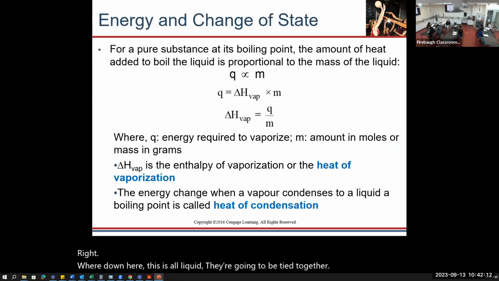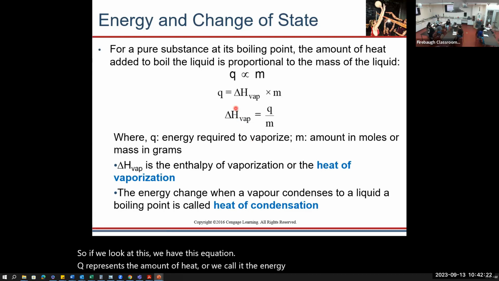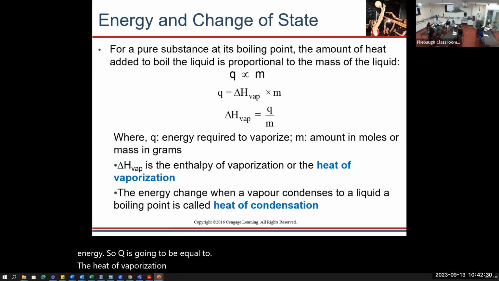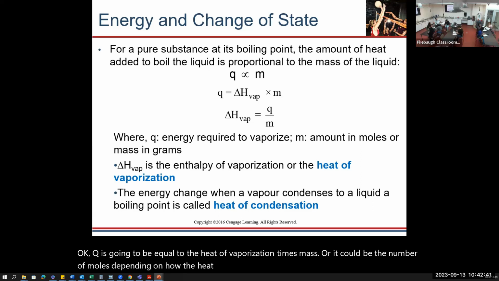So if we look at this, we have this equation. Q represents the amount of heat, or we call it the energy. So Q is going to be equal to the heat of vaporization times mass, or it could be the number of moles, depending on how the heat of vaporization is shown.